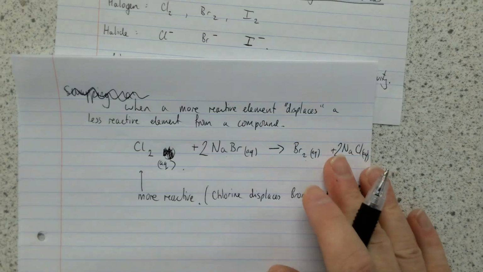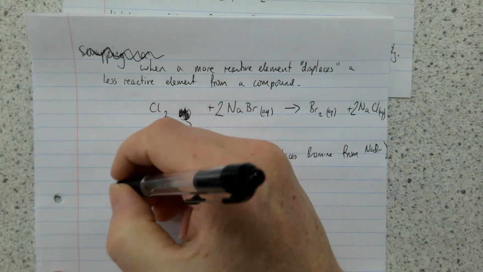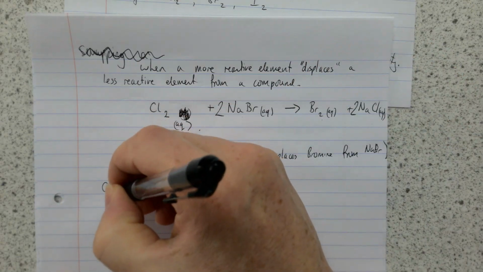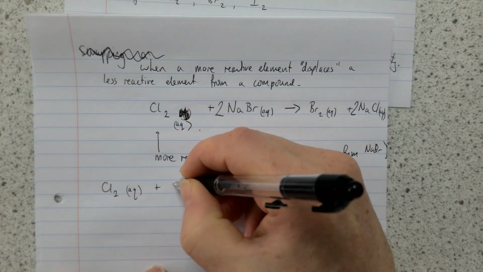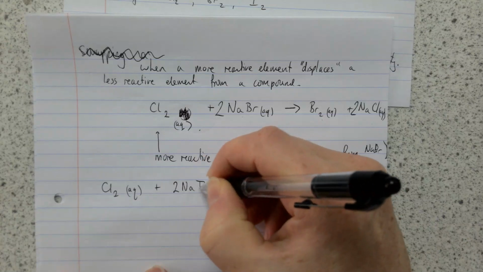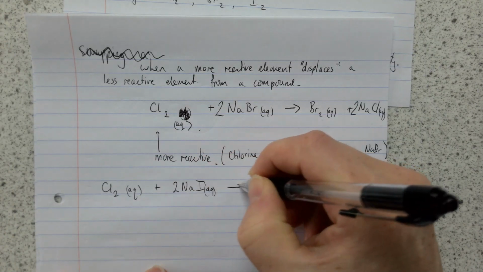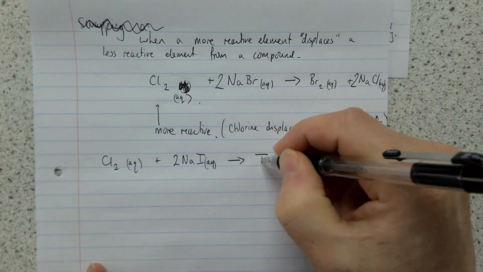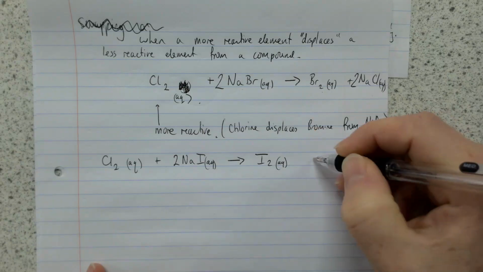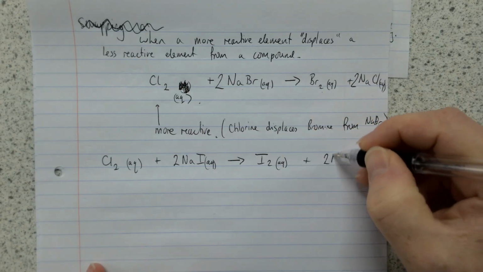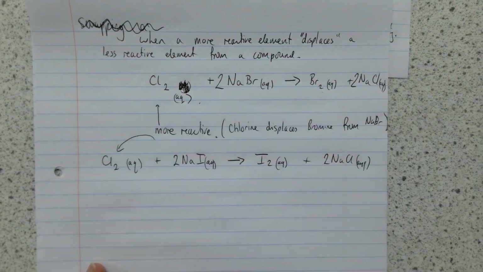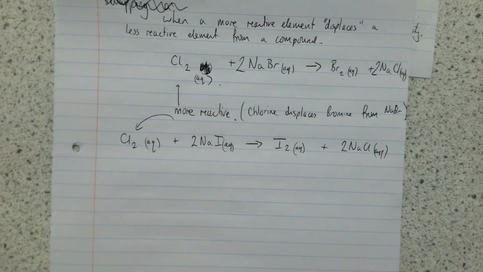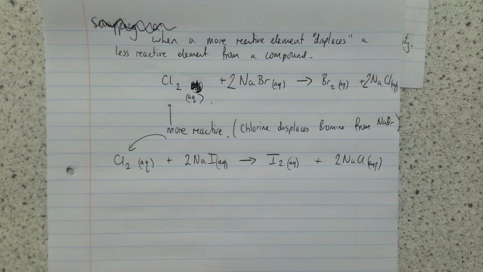Right? We're going to do the same thing, just so that you see the pattern here. Chlorine will also displace iodine from sodium iodide. So out of those three elements, chlorine and bromine and iodine, chlorine's clearly the most reactive one.